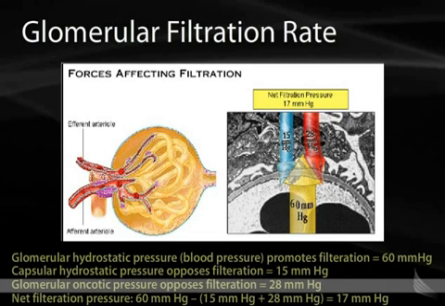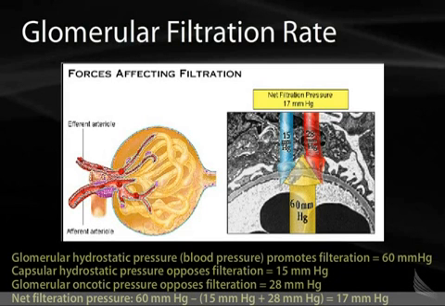In the normal physiologic state, the oncotic pressure in Bowman space is essentially zero. As we said, protein should not be filtered into Bowman space due to the selective charge and size barrier that we outlined previously. Therefore, the net filtration pressure is approximately 17 millimeters of mercury.